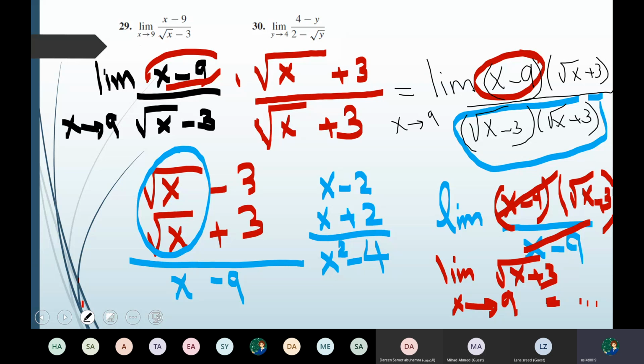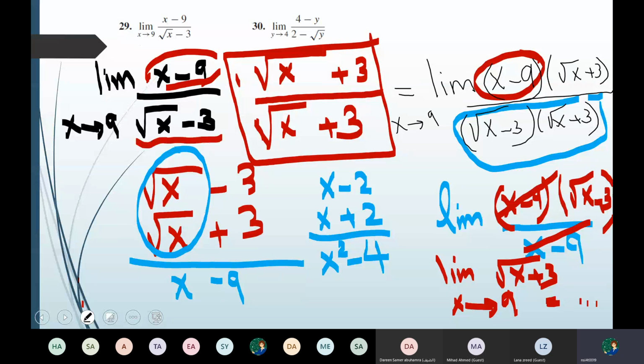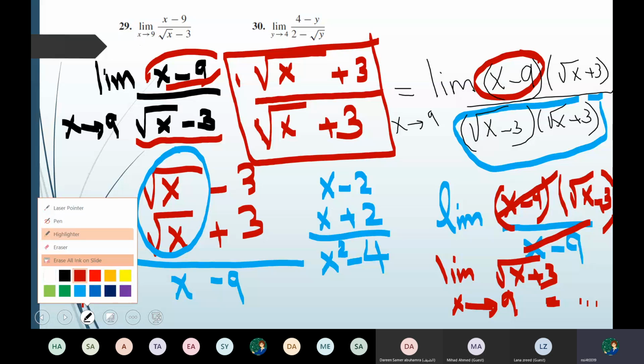Now here we have another way also. I will give you the other way and tell me which way you want to choose. This is the first way, just multiplying by the opposite of the denominator.